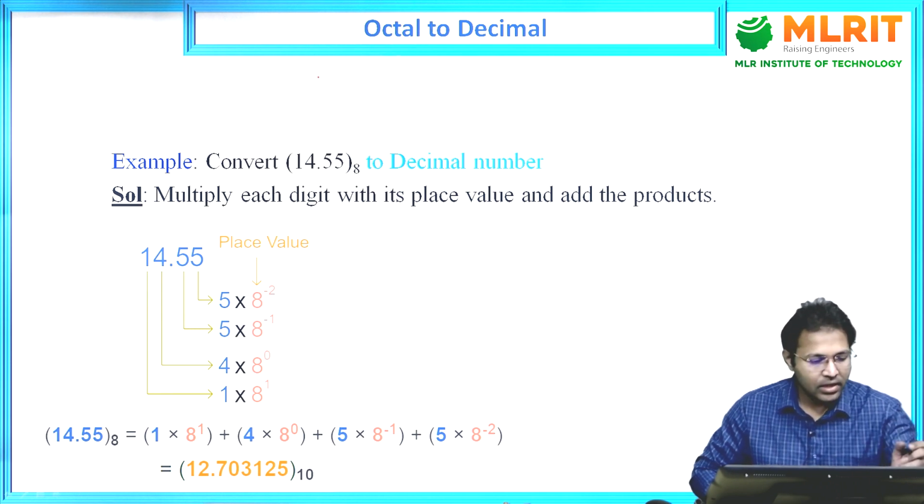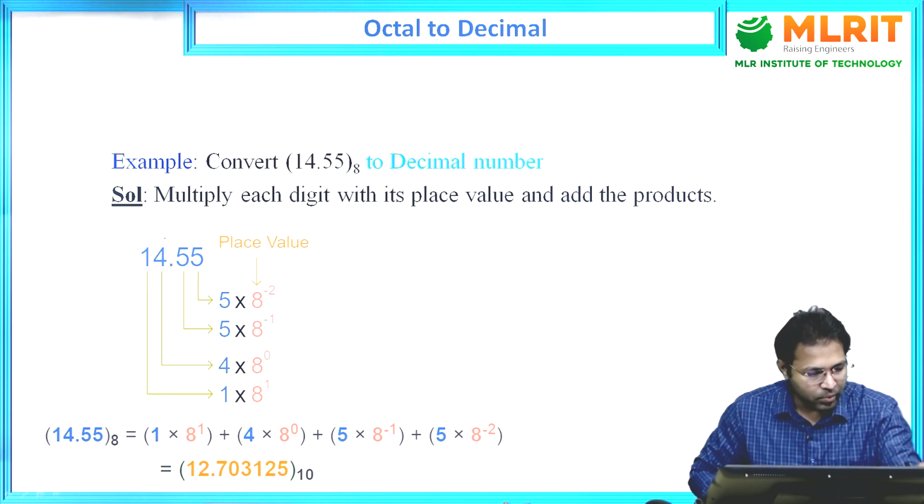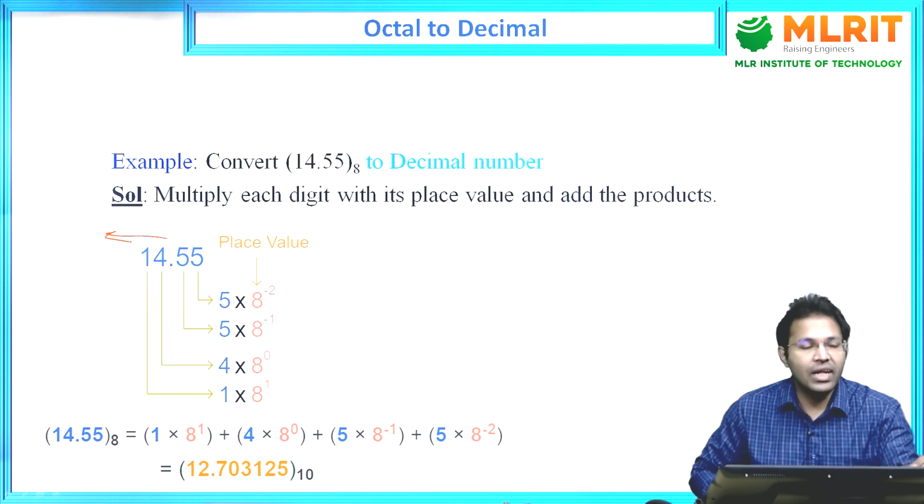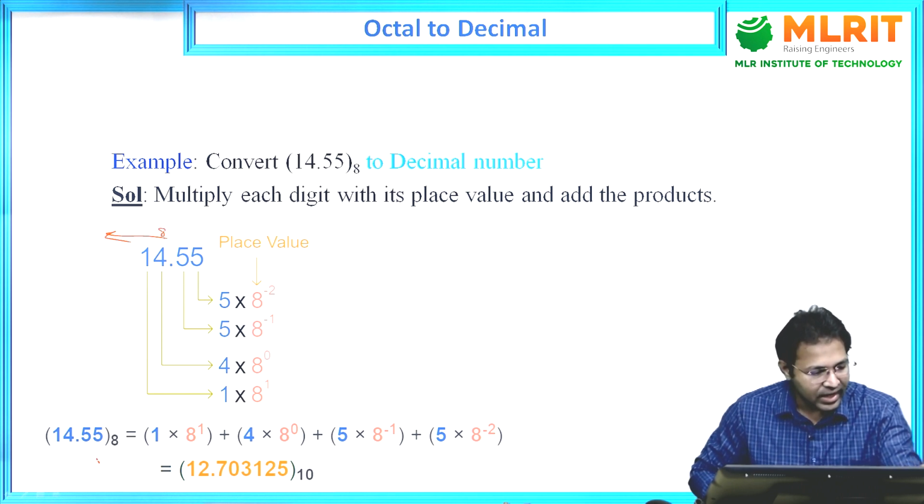Here we will start from the point and go towards the left, and at this place we will consider 8 power 0, at this place we will consider 8 power 1, and then we will start going from the point towards the right. Here we will consider 8 power minus 1. Next position we will consider 8 power minus 2.